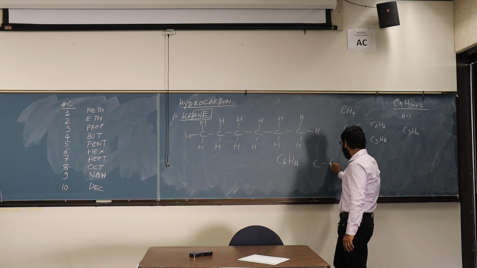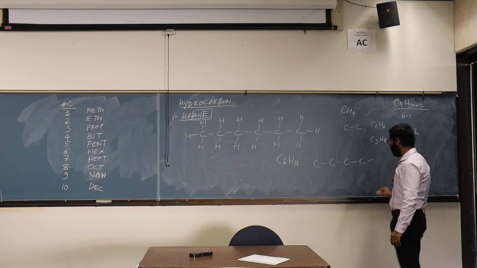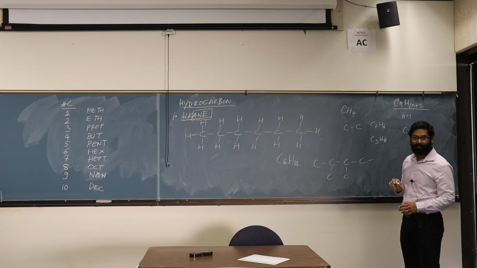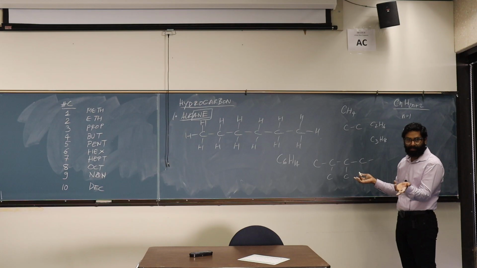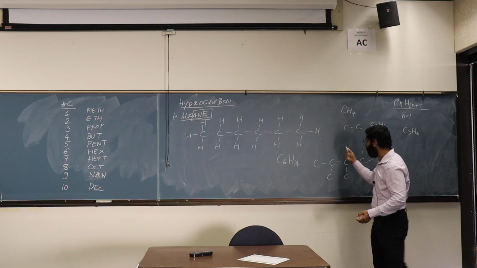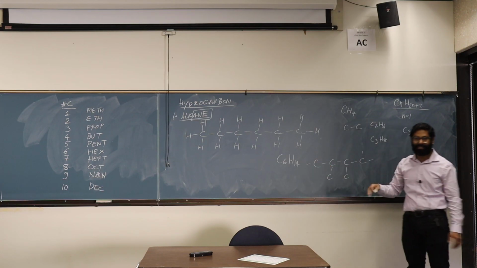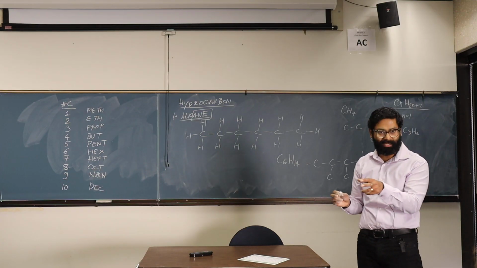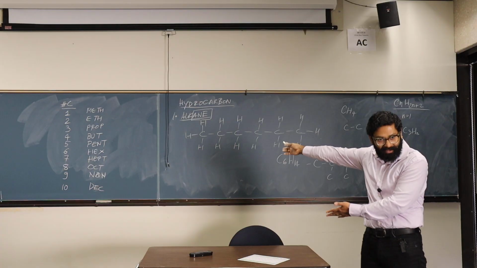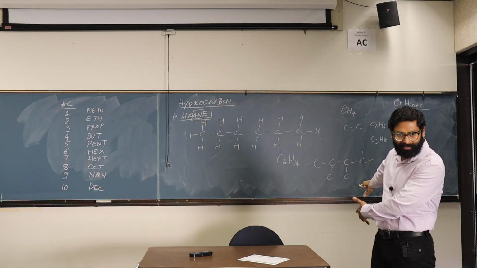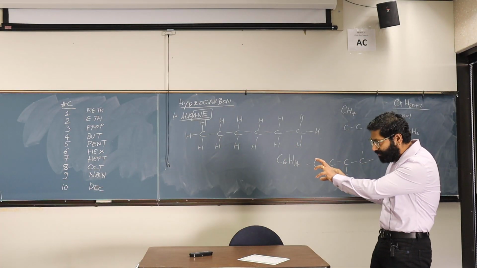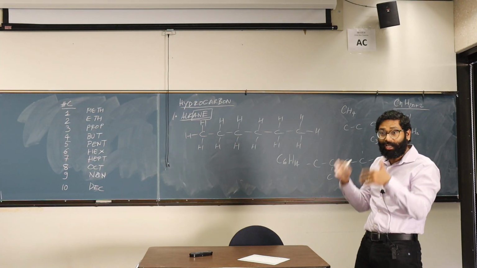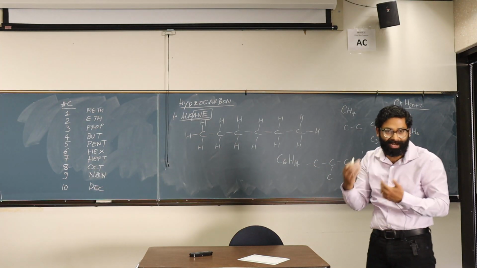Now, I can change the chain, right? But the formula will remain the same. It will become C6H14. The formula will remain the same. But the names will change because, of course, that's a different structure. This is a different structure. So when two things have the same molecular formula, but different molecular structure, what is that relationship called?